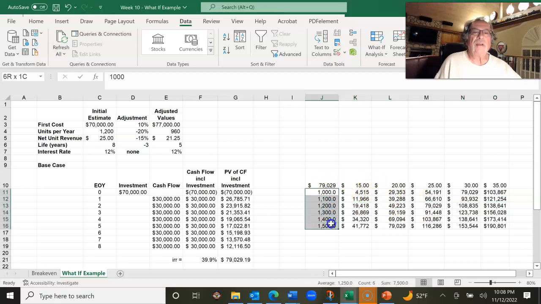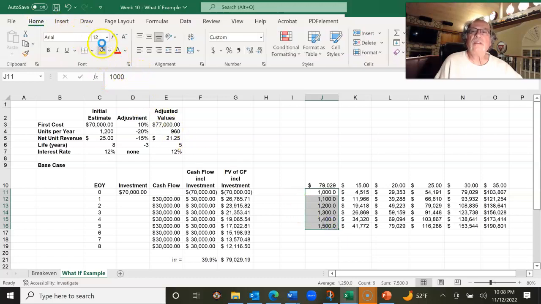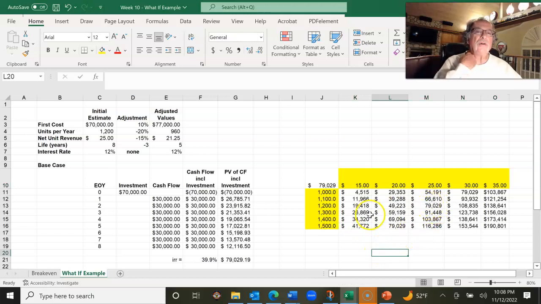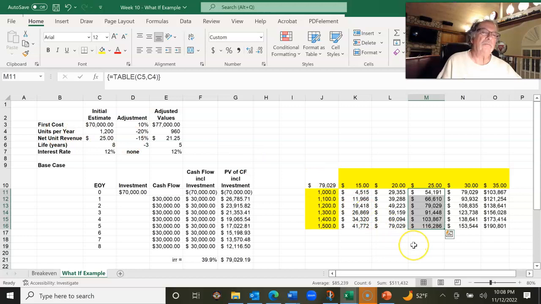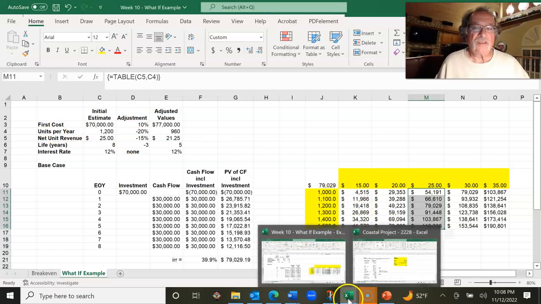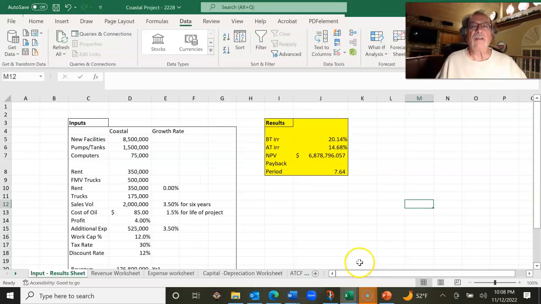So this is an input, this is a sensitivity input. These are our present values. And so at $25, this tells you the present value at different units per year. Super powerful. How can we use this in our coastal project?